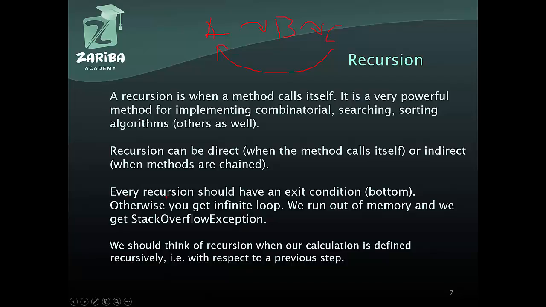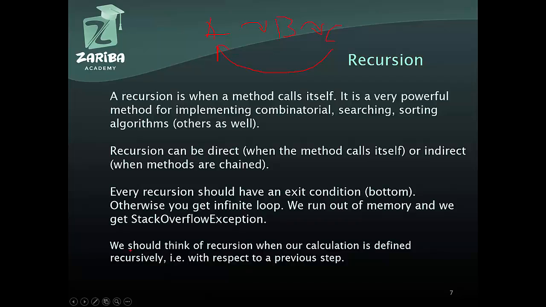To avoid getting this, we should have some exit, which is called the bottom. Saying, okay, we've reached this state of our method calling, so stop, and now you should go back, which we'll see as well.